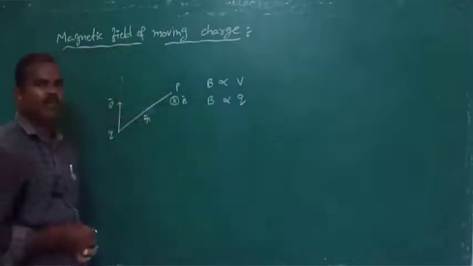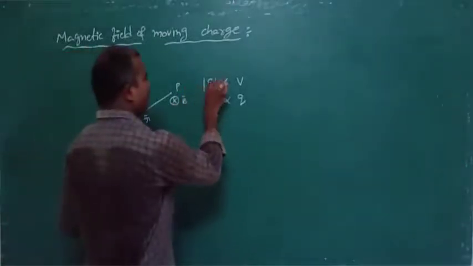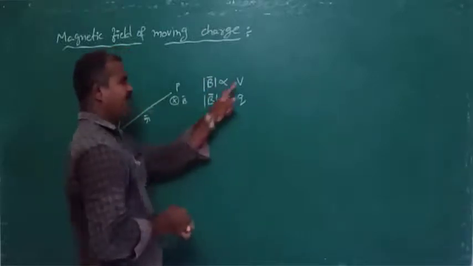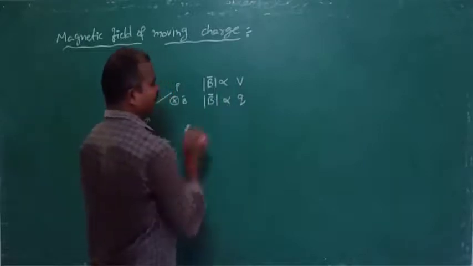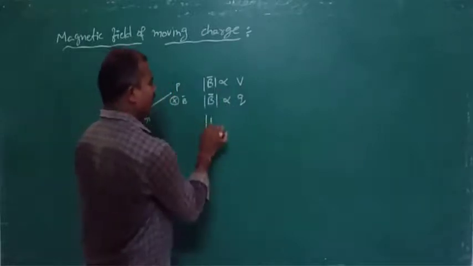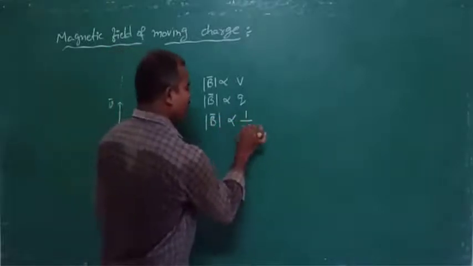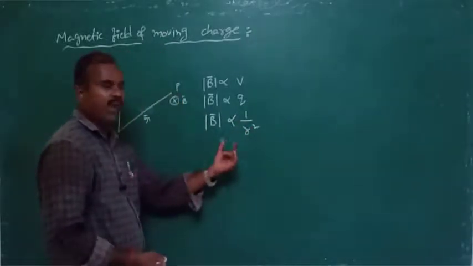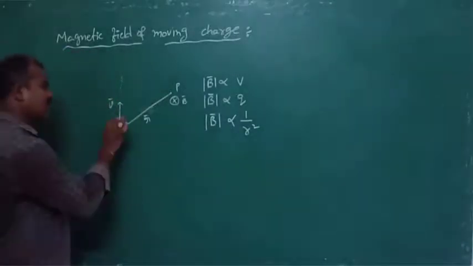And B is inversely proportional to r square, that is, to the square of the distance between them.